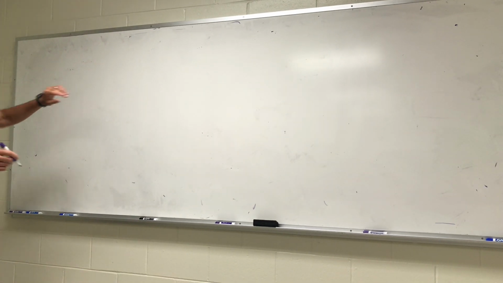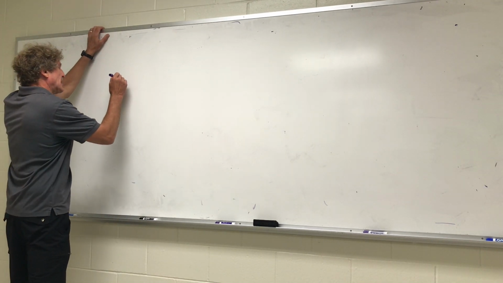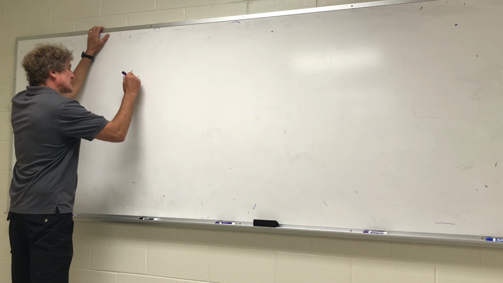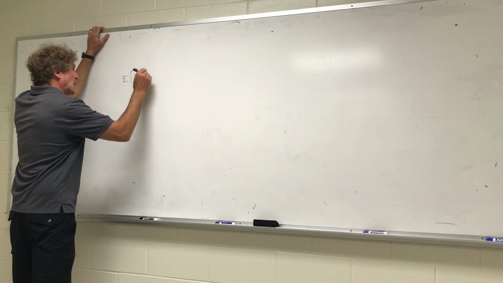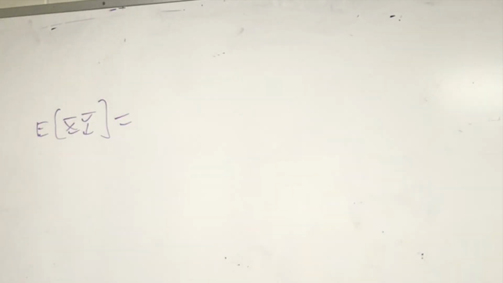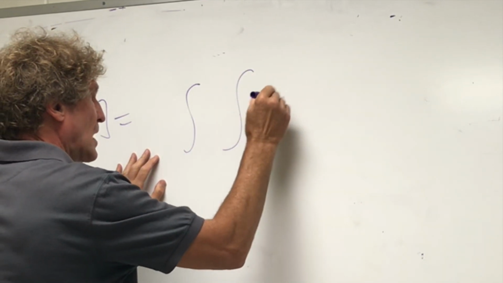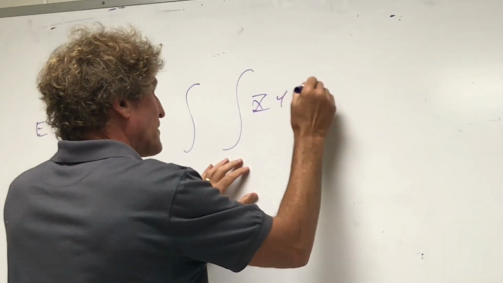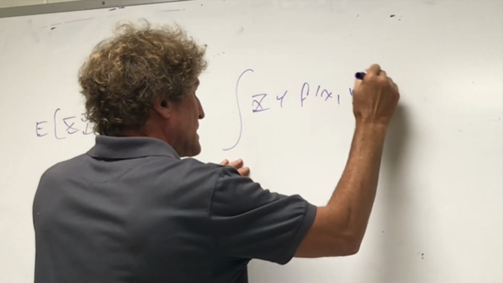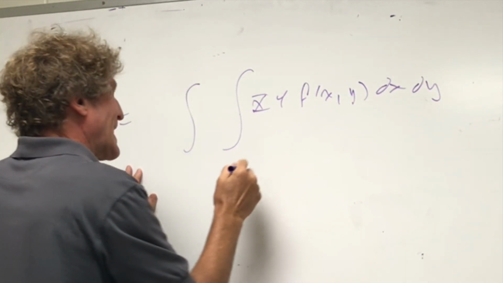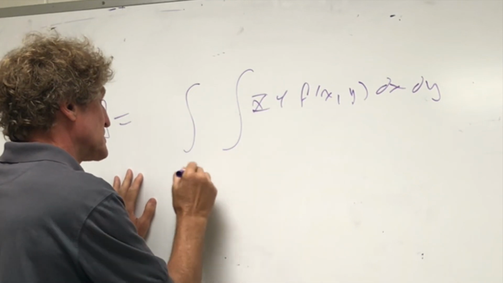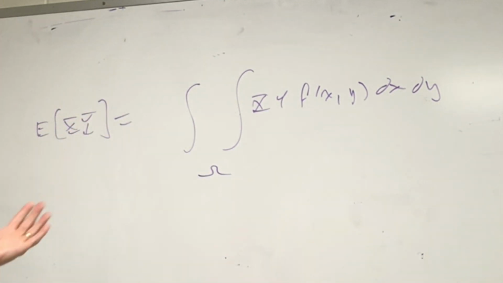If you take the expected value of x and y, technically it's a double integral of x times y, f of xy dx dy over the actual entire region. That indicates over everywhere it could be, to get the average value, or the expected value of the product.